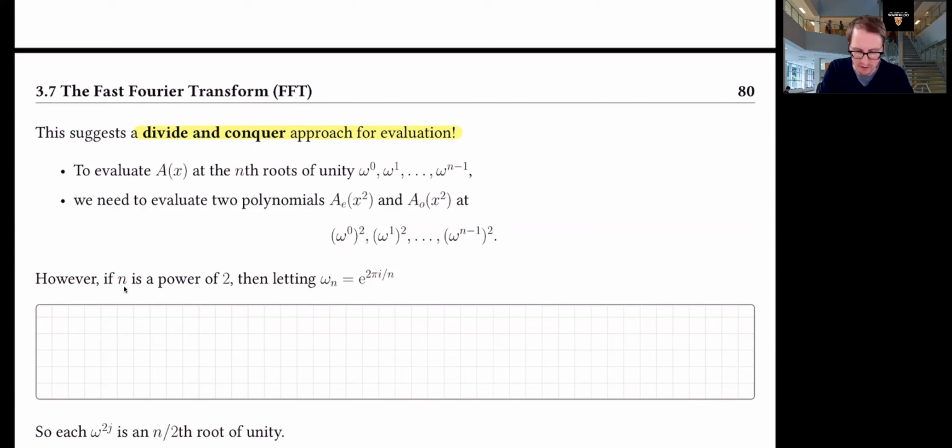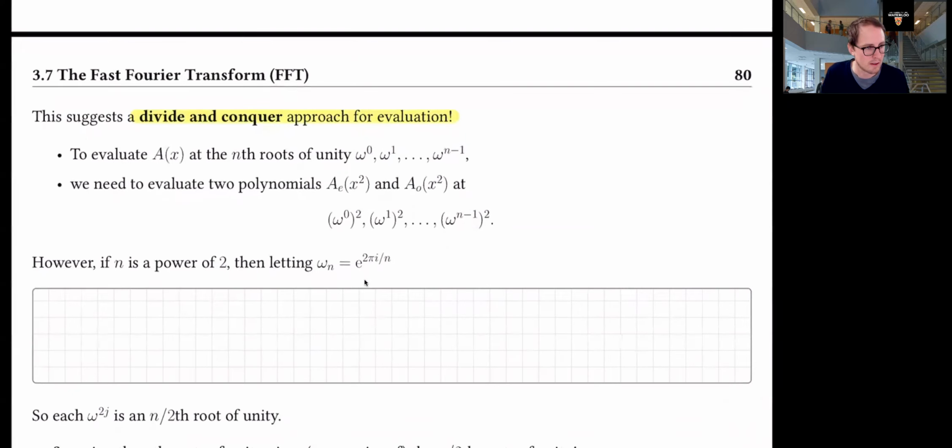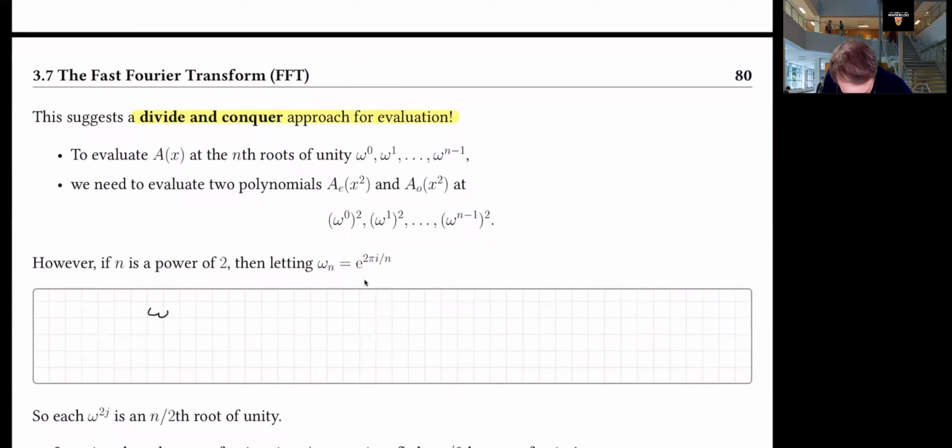However, if n is a power of 2, then letting omega n equal this, we see what happens when we square these omegas. So we have, let's say, omega n to the j. Let's say we take the jth one and we square it.